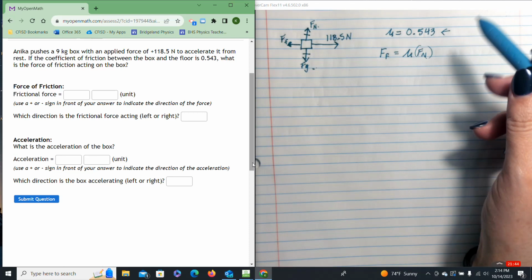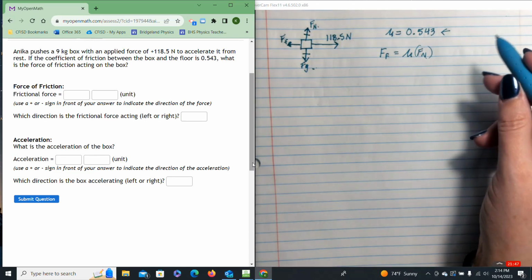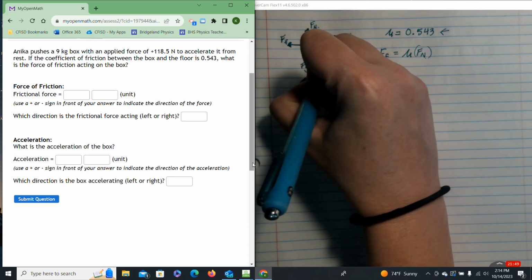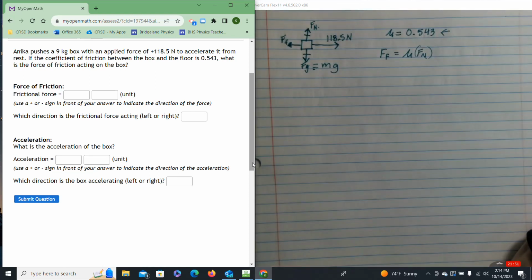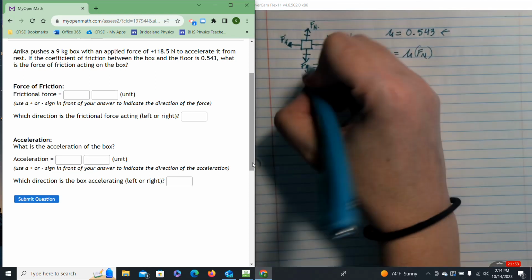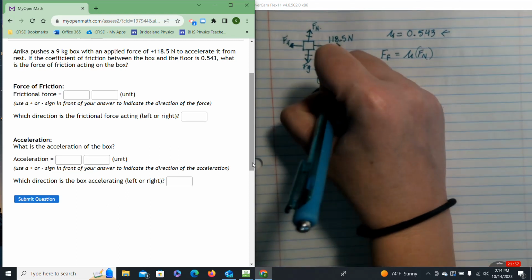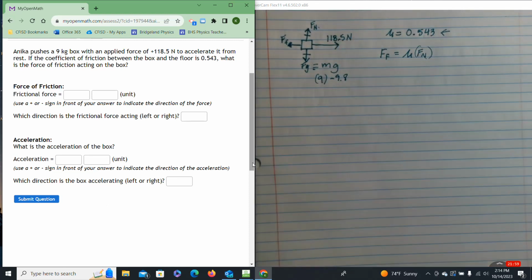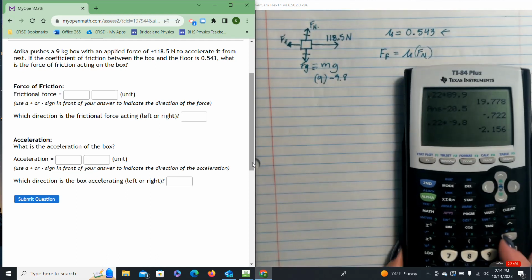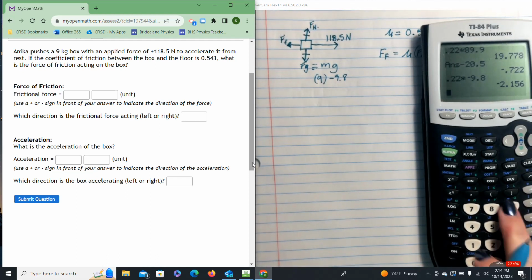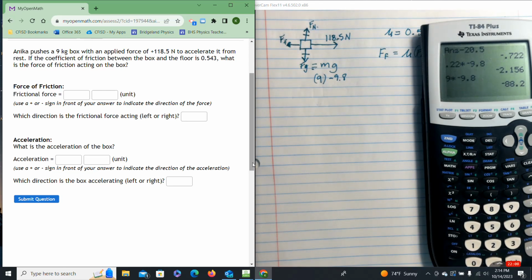So let's go ahead and solve for Fg. We do have an equation for Fg. It's mass times gravitational acceleration. I have a mass. It's in the question, 9 kilogram box. And gravitational acceleration is negative 9.8. And so if I want to find Fg, it is simply going to be 9 times negative 9.8, which is negative 88.2.